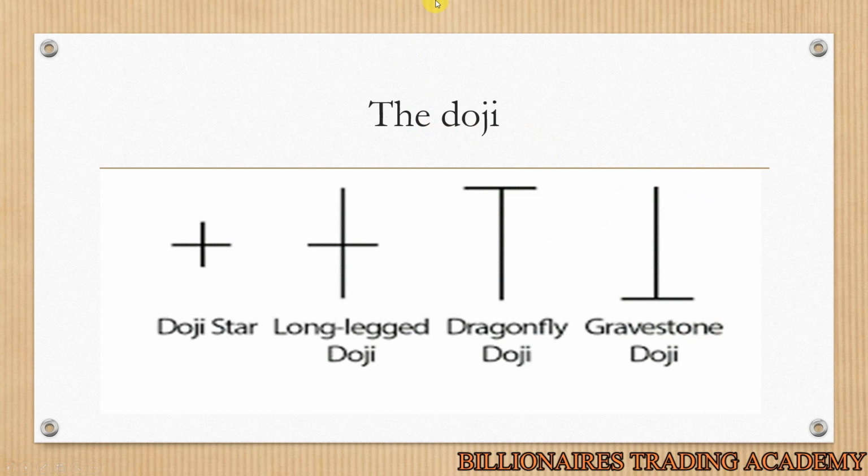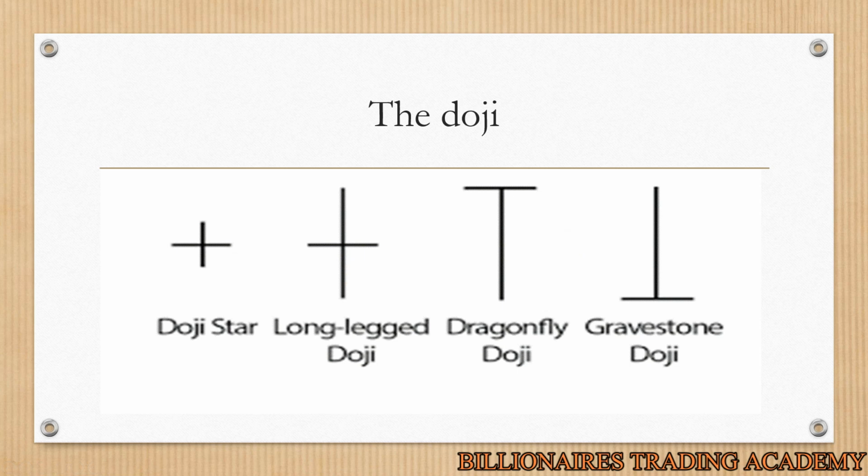Now remember, we are discussing the reversal candlesticks. So each doji signifies that price might be reversing at that particular zone, right? So for example, if price was initially going upwards and it reaches a point of resistance and it forms one of these doji candlesticks, it shows you that the price would now be reversing.